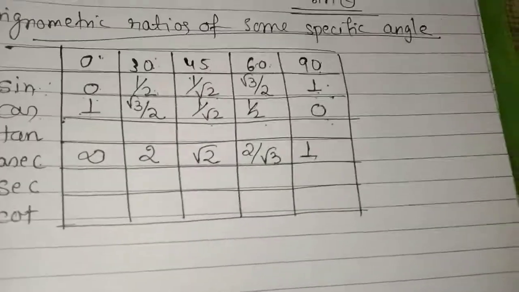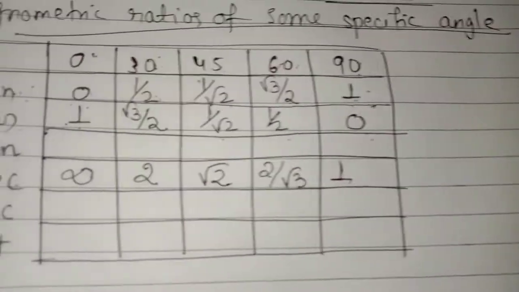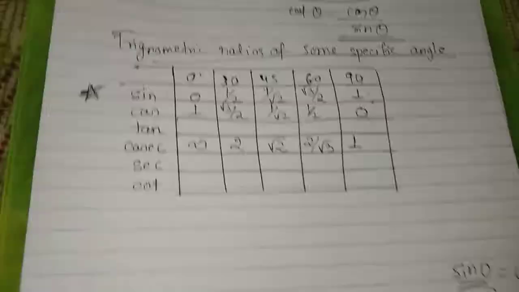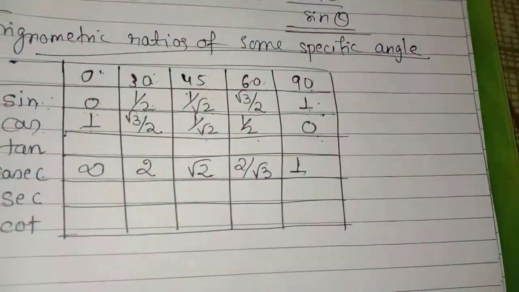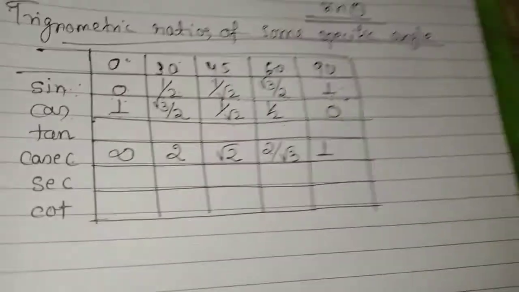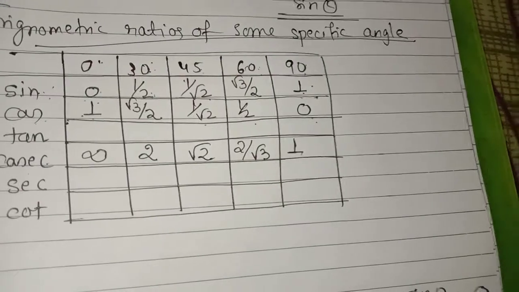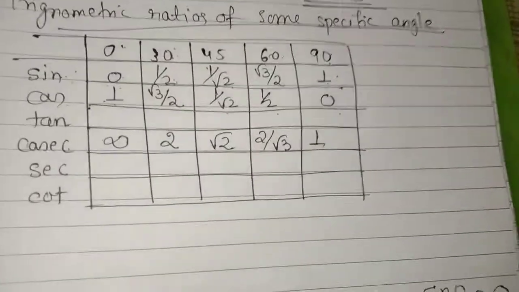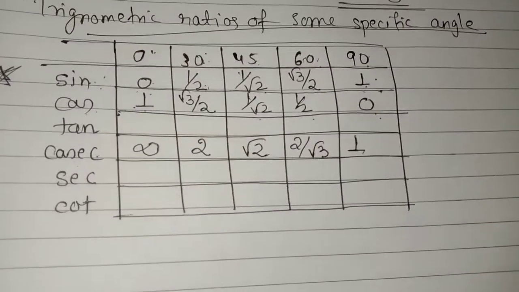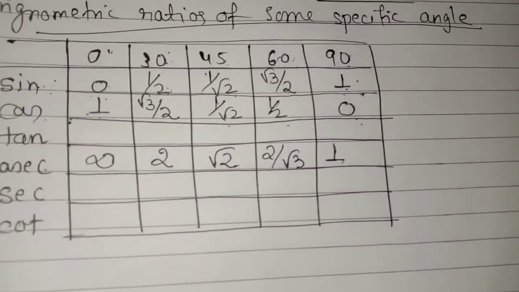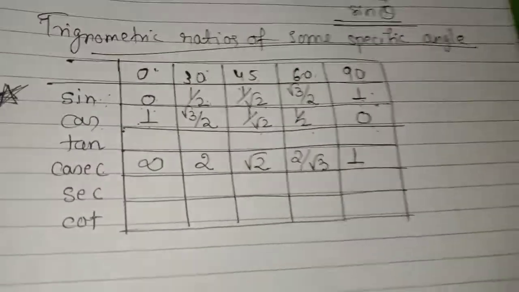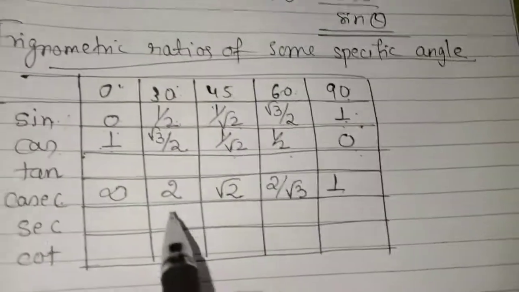Clear? Now it is not a big task to memorize the table or to make a whole table, or you are just thinking about I will draw all the table on the last page in the examination. It's not like that. We can simply memorize it. For example, listen to me very carefully. If somebody is asking you what is the value of cosec 30?